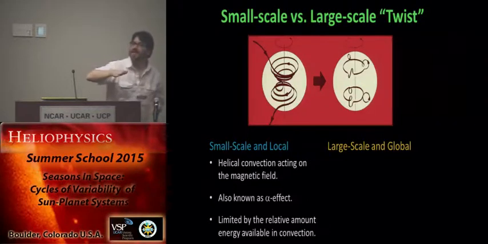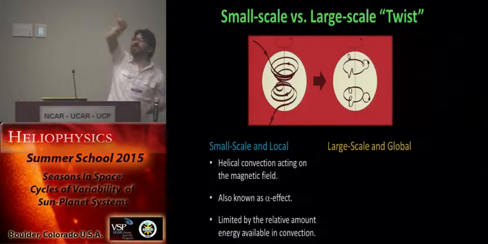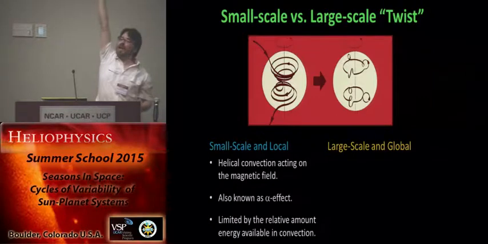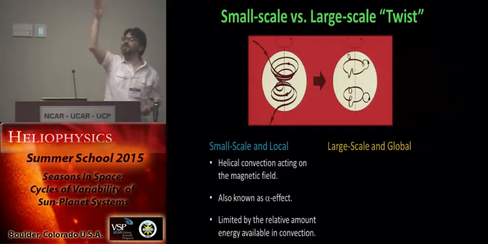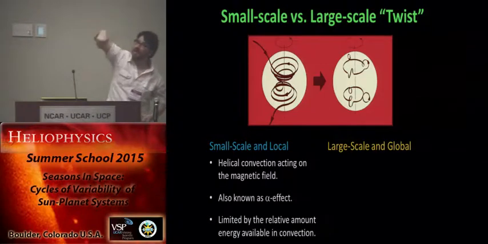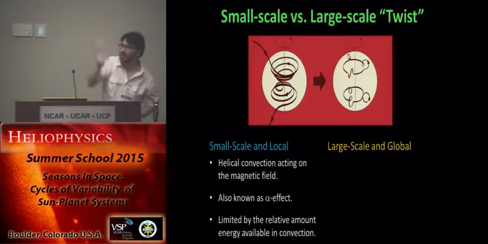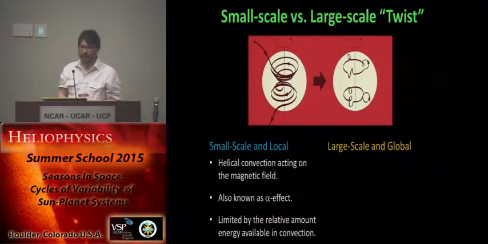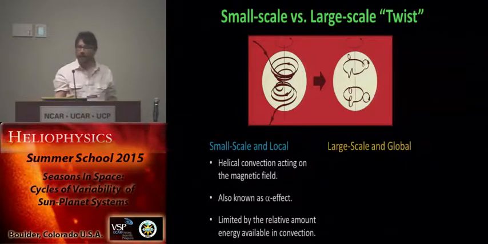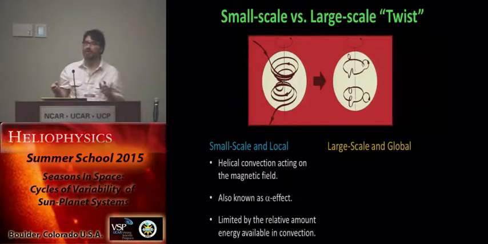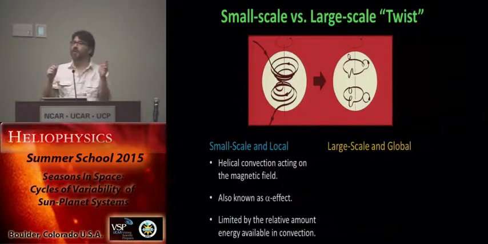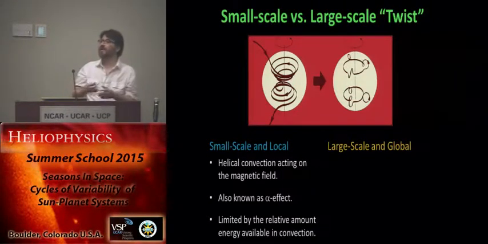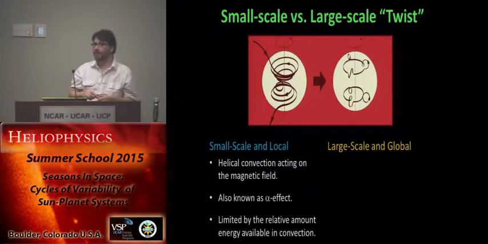The upflow twists, like turbulence, and the downflows, like a double helix, go the other way because you change the sign of your movement. That is what imparts these twists. It's limited by the relative amount of energy available in convection. When your field becomes too strong, this turbulent convection cannot really affect it very much, okay?